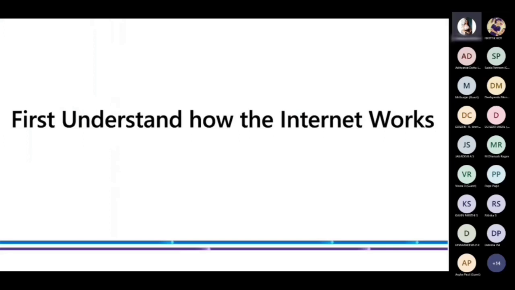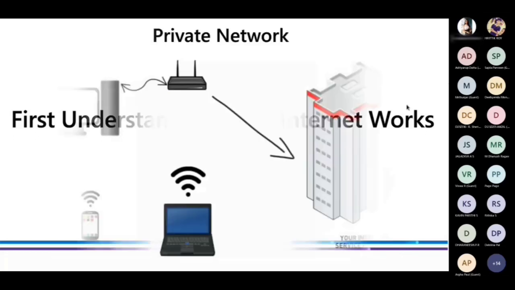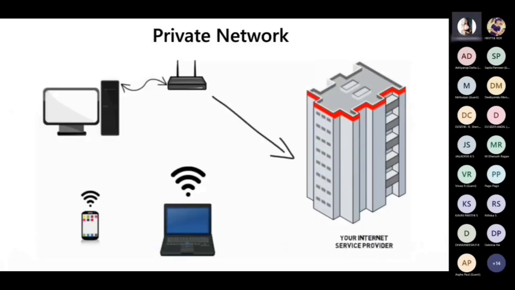Before moving into the part of VPNs, let us first understand how the internet works. At our home, we have routers for internet services coming from the ISP, which is connected to our desktop by Ethernet cable, and this internet is accessed by our smartphones and other devices over Wi-Fi. All this is part of a private area network that doesn't go out to the internet.